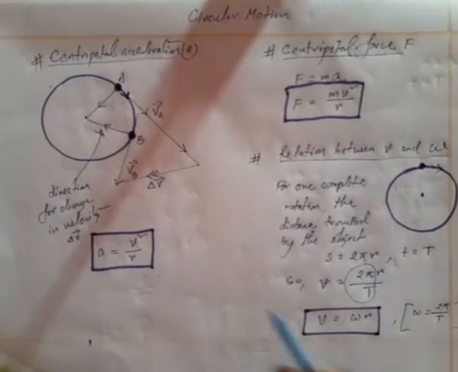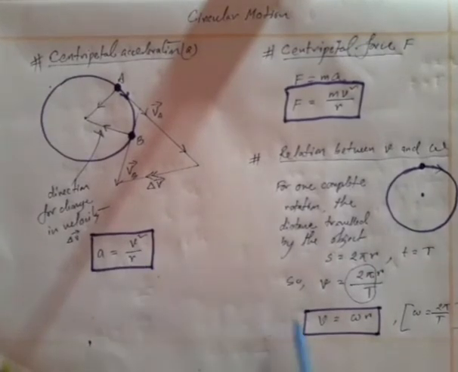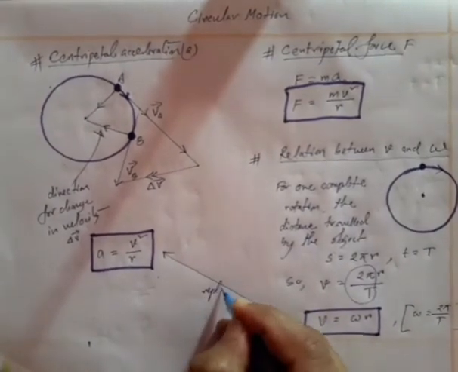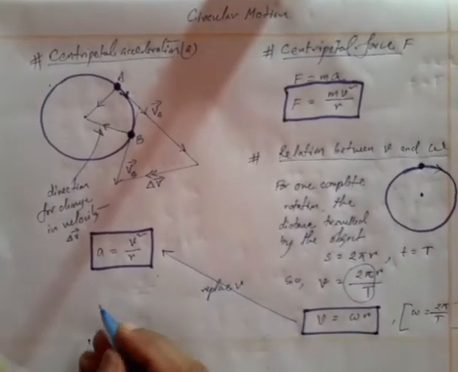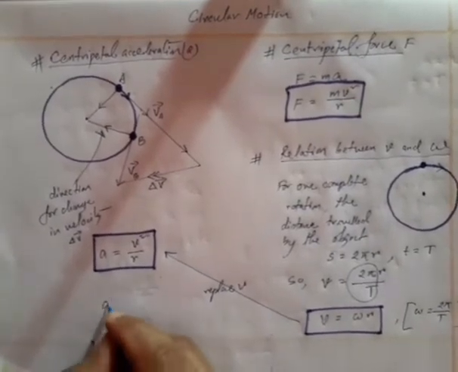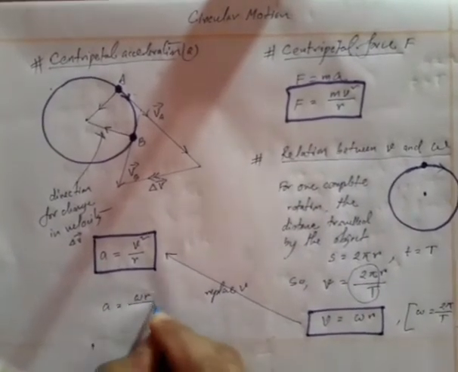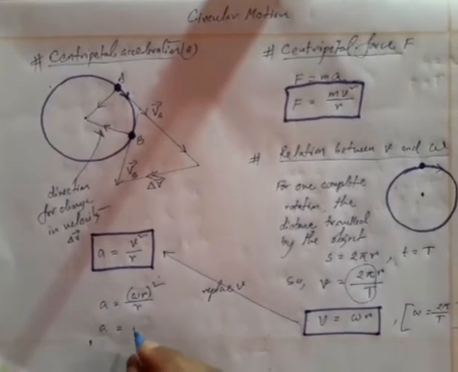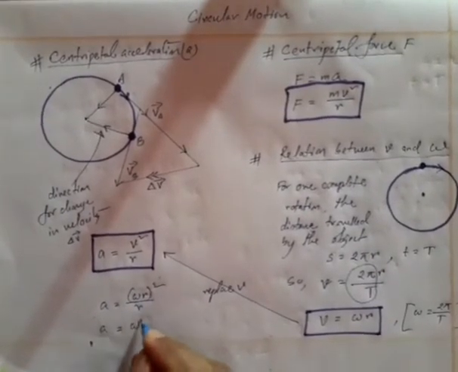Now we will rewrite the formula of centripetal acceleration by replacing the value of v. A equals omega r whole square by r. By cancelling one radius, we get the new formula a equals omega square r.